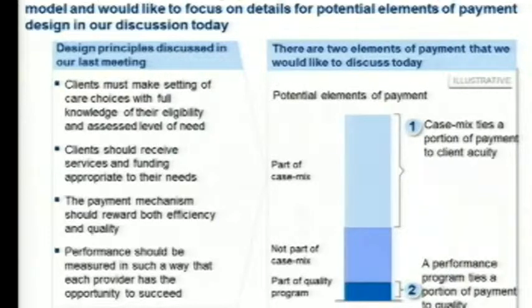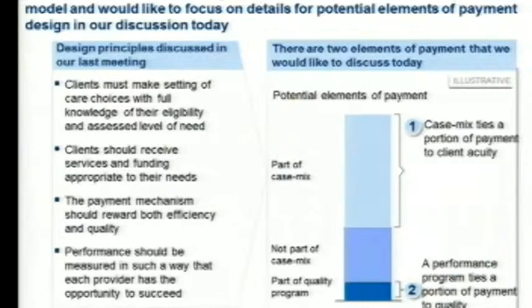And then a component that we have added through this work group process, based on feedback and in many cases specific recommendations from stakeholders, is to add a component of the total payment that is specifically related to performance and quality. And we'll get back to those recommendations at the end of this work group.